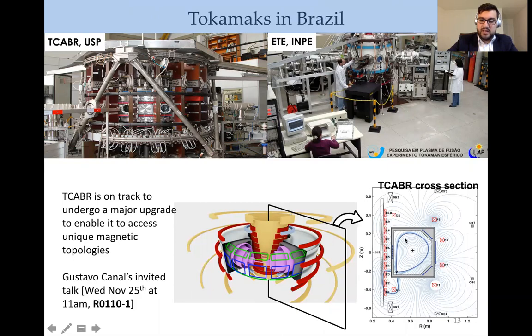This is the plasma, and those external coils are shown by those dots here, and they're going to allow for a lot of different shapes of the plasma. So TCABR will be able to access regimes which are not accessible in bigger machines. And I invite you to watch Professor Gustavo Canal's talk on this upgrade in 2 days from now.